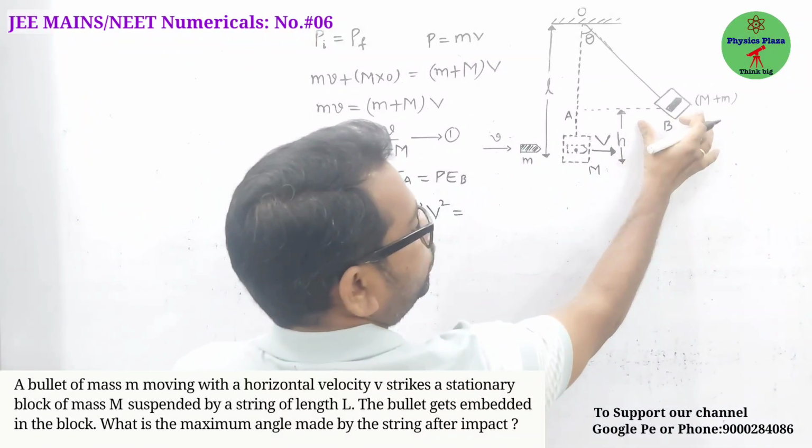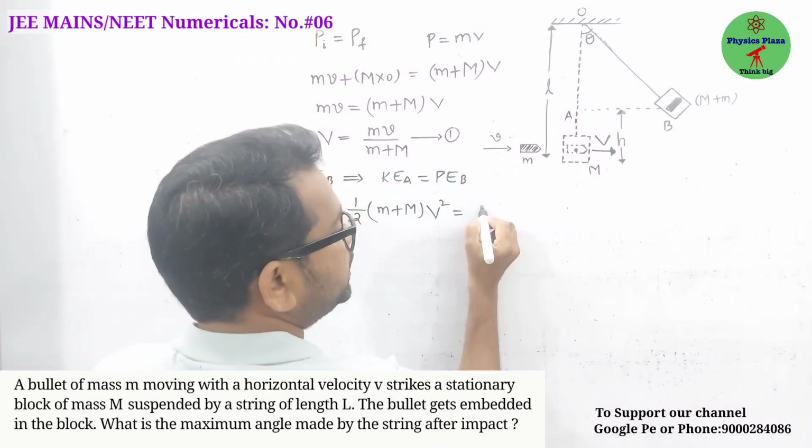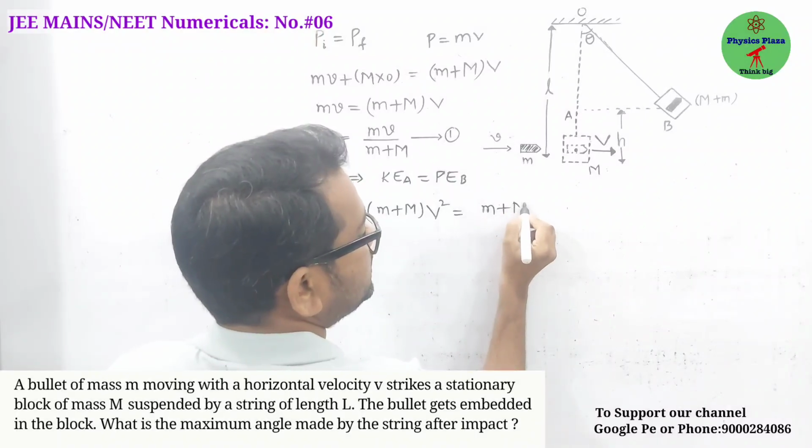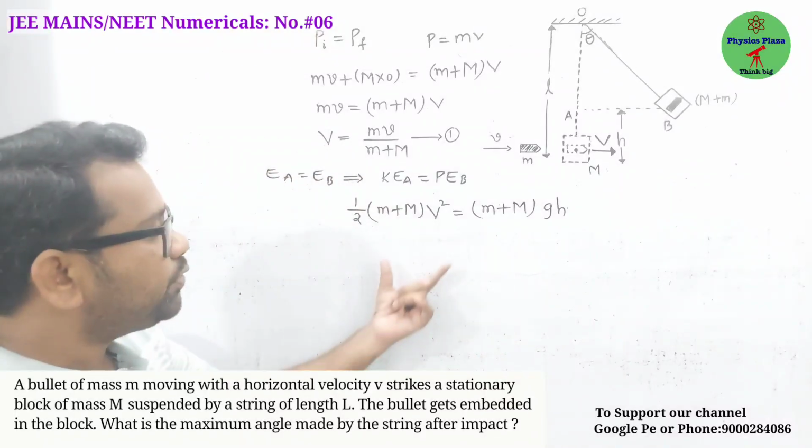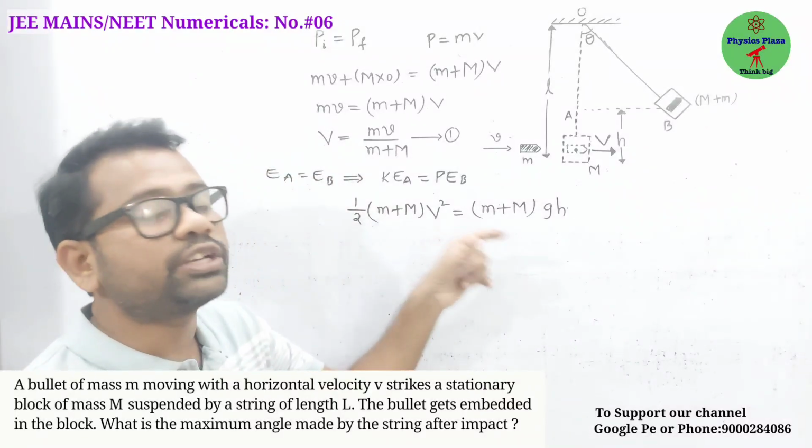At point B it has only potential energy, the formula is mgh, where the mass is (m plus capital M), into g h. So here we applied just the conservation of energy.